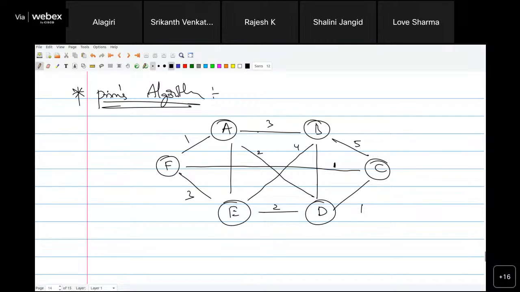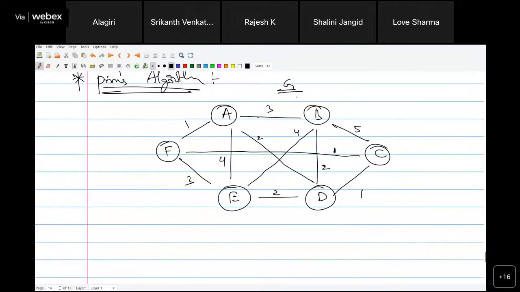Okay, I have to give weights to this also. 2 again and 4. Okay, so I have given weights, so this is a graph G we have, and now I am interested to find the minimum cost spanning tree using Prim's algorithm.